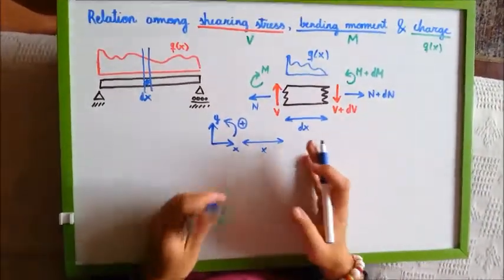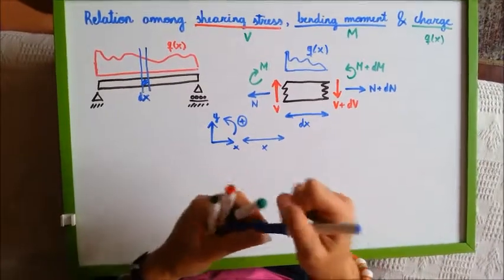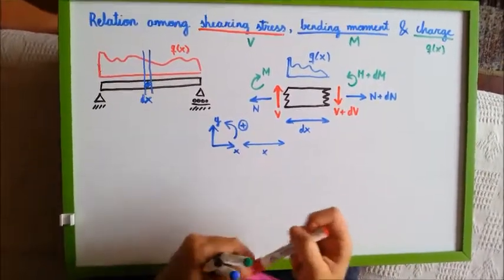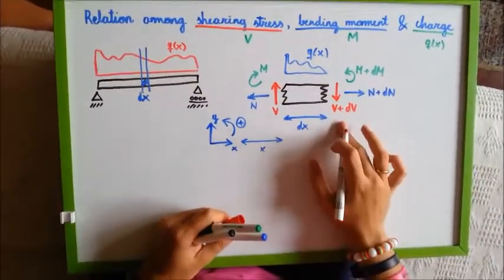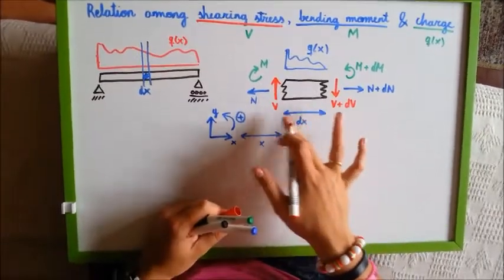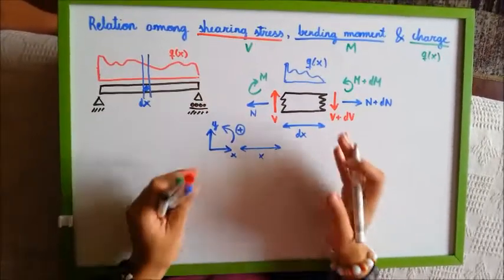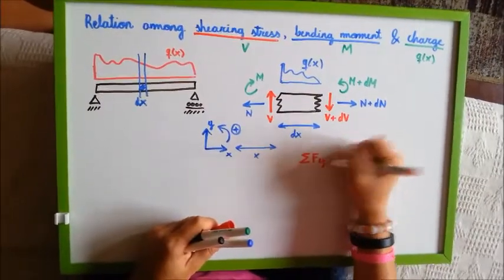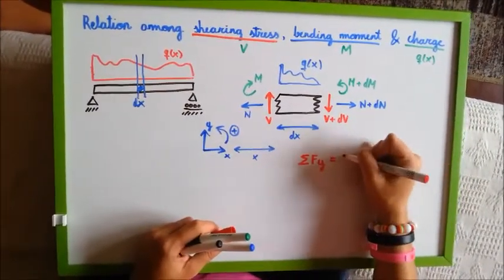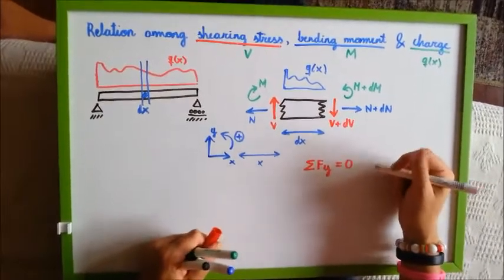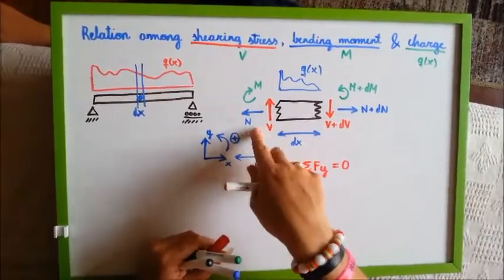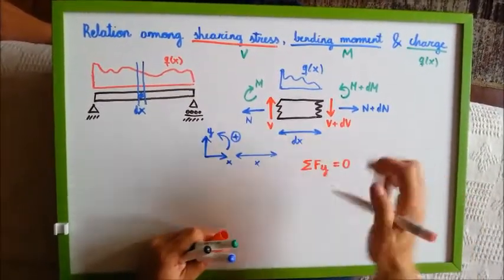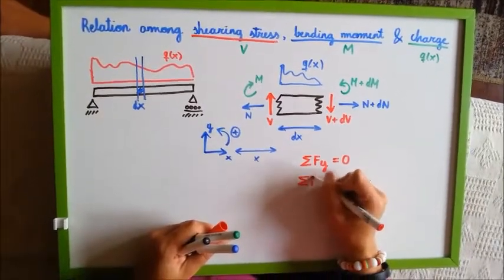Okay, now we will set up the equilibrium equations. So what will we set up for equilibrium? The forces in the vertical direction must sum up to 0. So let's write it: the sum of all the forces in the y direction equals 0. All the forces in the horizontal direction must sum up to 0.